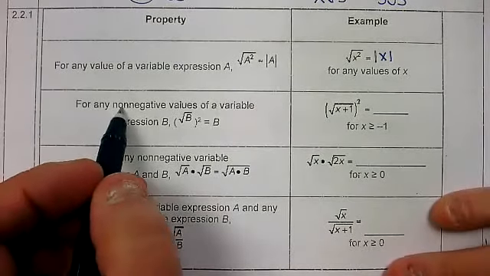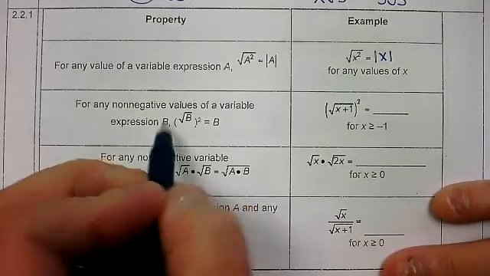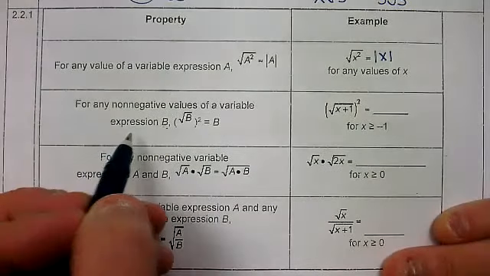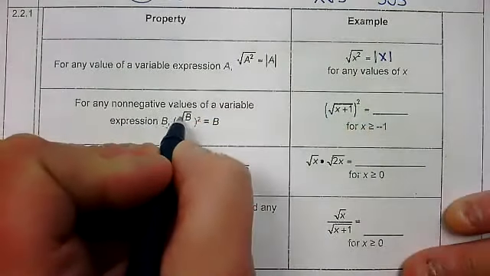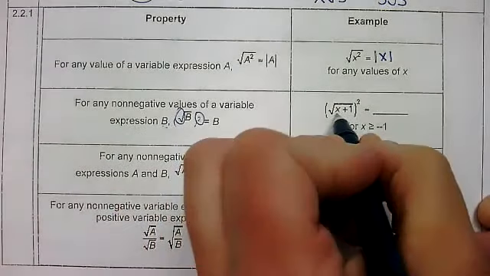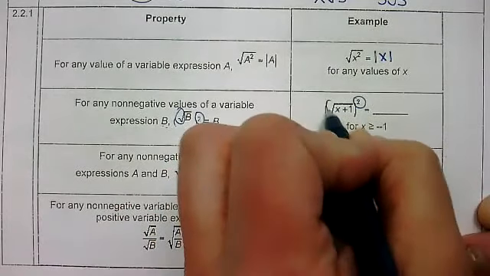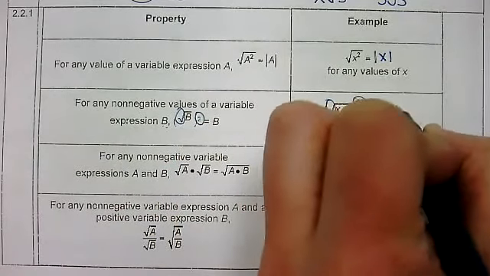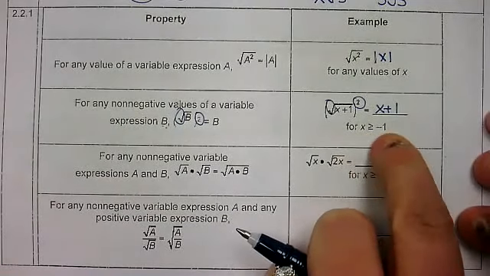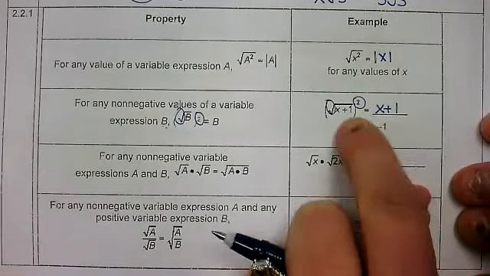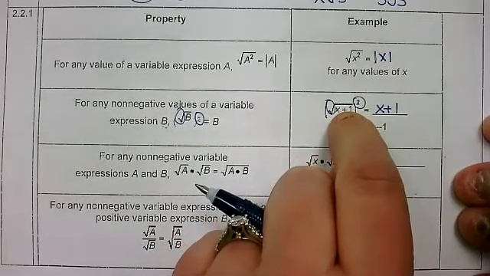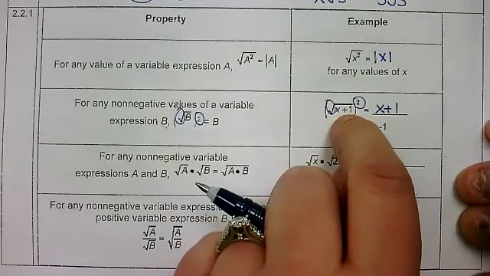So for any non-negative values of a variable expression b, the square root of b squared equals b. In other words, the square root sign and the squared are just undoing each other, and we're going to wind up with x plus 1. But notice it says that x has to be greater than or equal to -1. That's because we cannot have less than 0 in here, because that would give us an imaginary number.